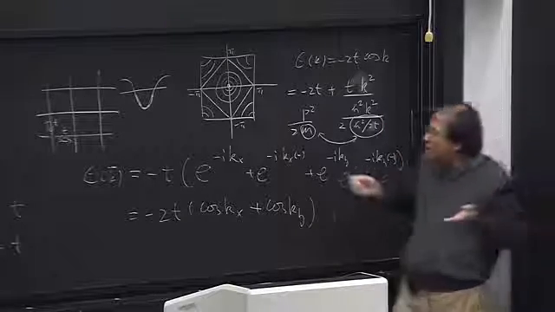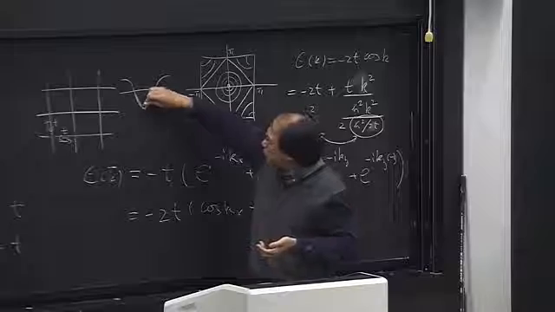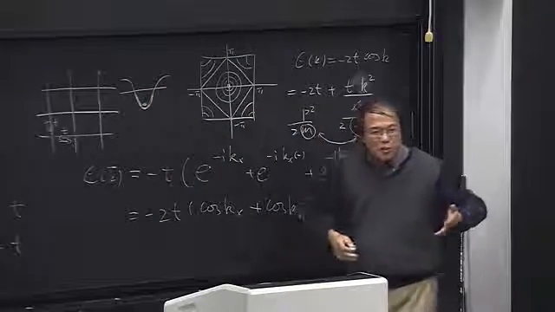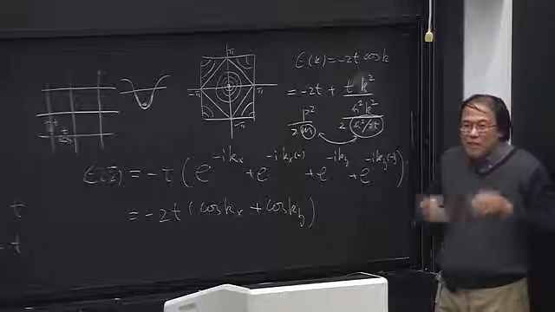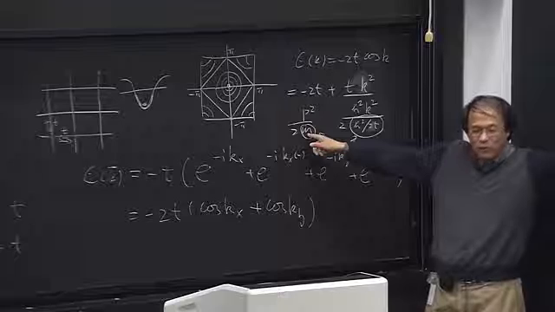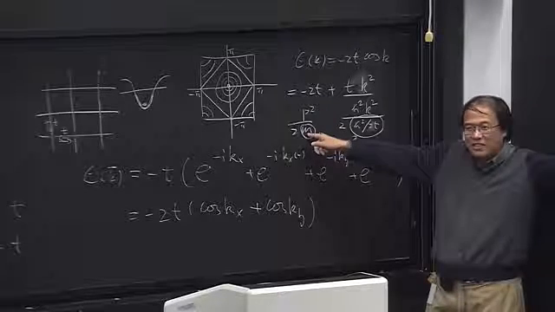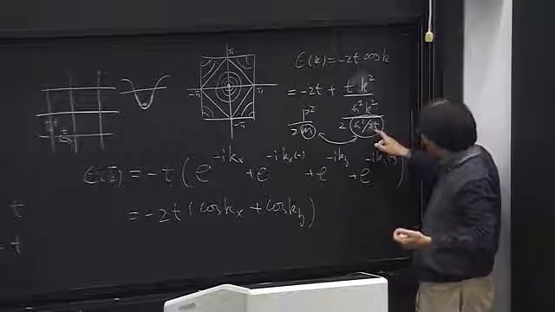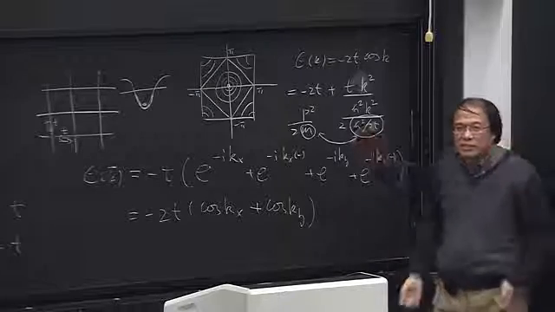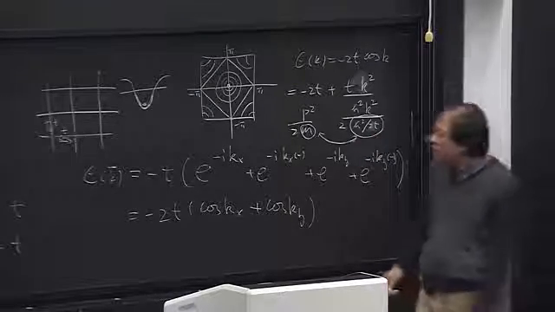So we can imagine that a particle near the bottom of the band may behave like an ordinary particle in free space, but with a different mass. This mass is not just that of a particle in free space. It's associated with hopping. So this hopping gives us this mass.